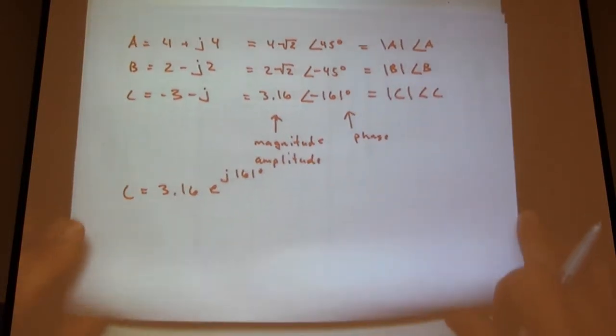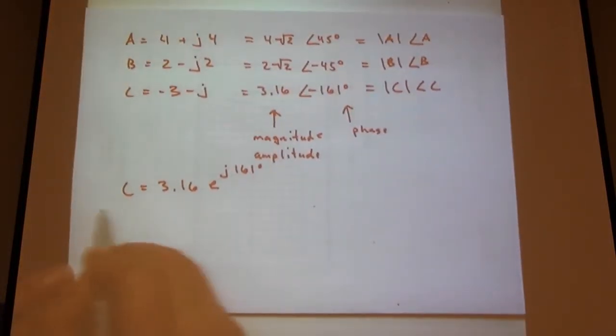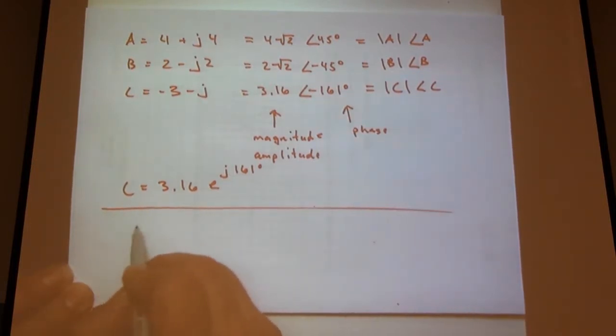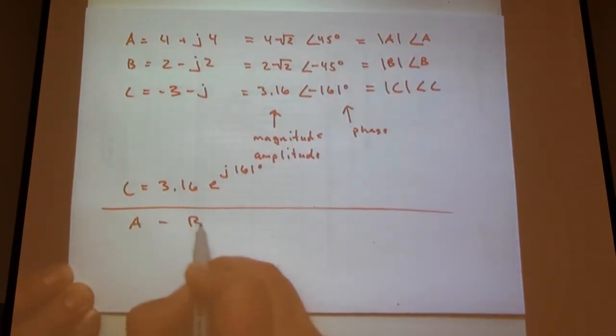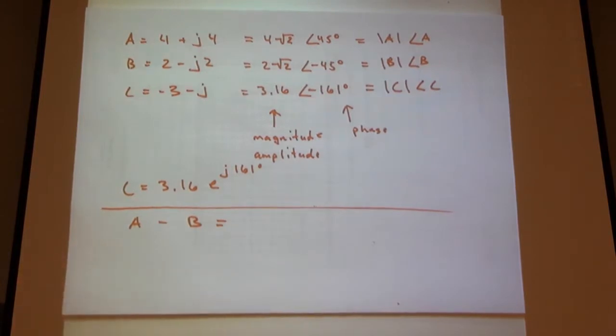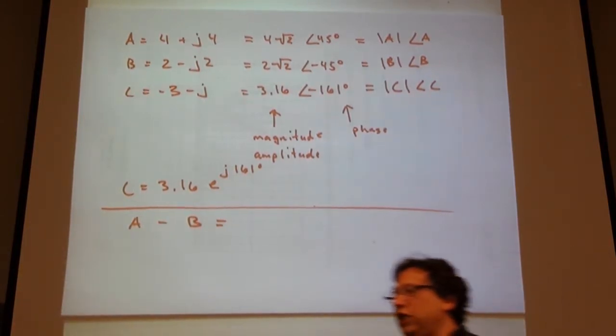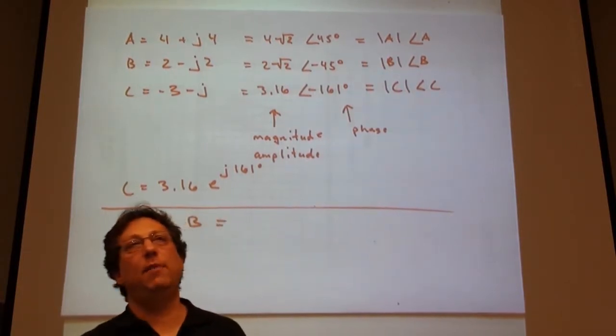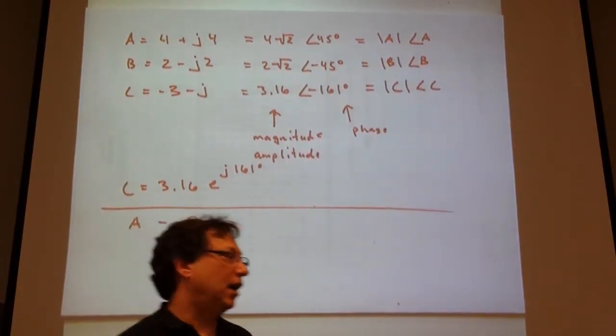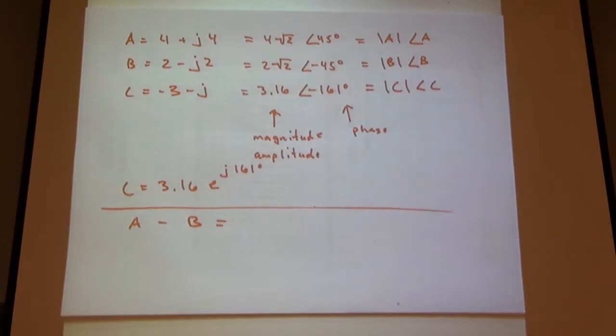And so now, going on to where we're headed a little bit, A minus B. So that equals something. And this is where we need to be a little bit careful over what form we're using. A minus B is an arithmetic operation, addition and subtraction being equivalent.